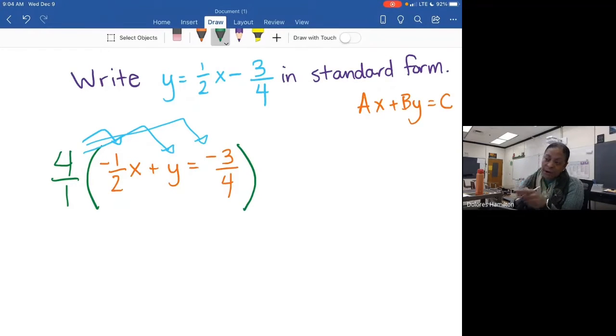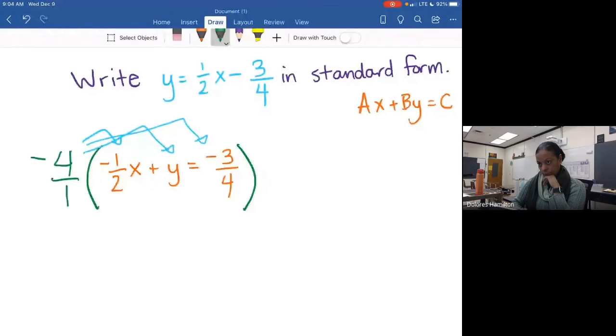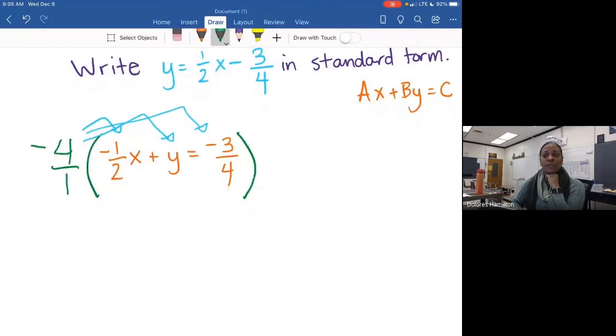However, I'm still going to have that a term be negative. So what can I do instead? Kill 2 birds with 1 stone and multiply by -4. So now, feel free to use Desmos to clean up your fractions. -4 times -1/2 leaves us with positive 2x. -4 times y gives us -4y.